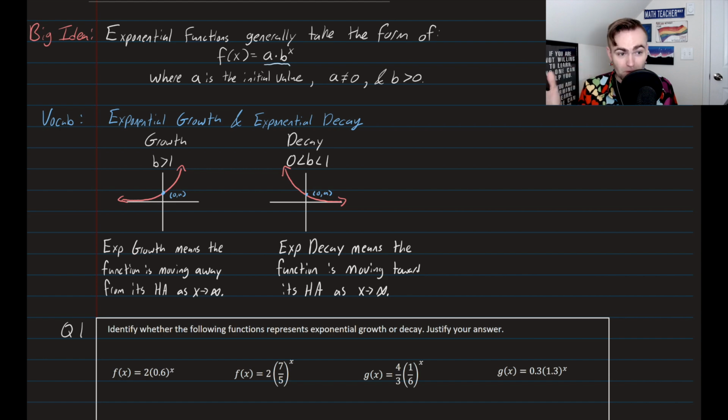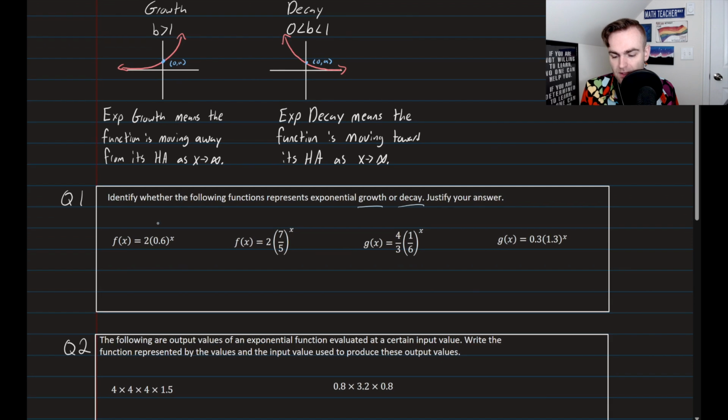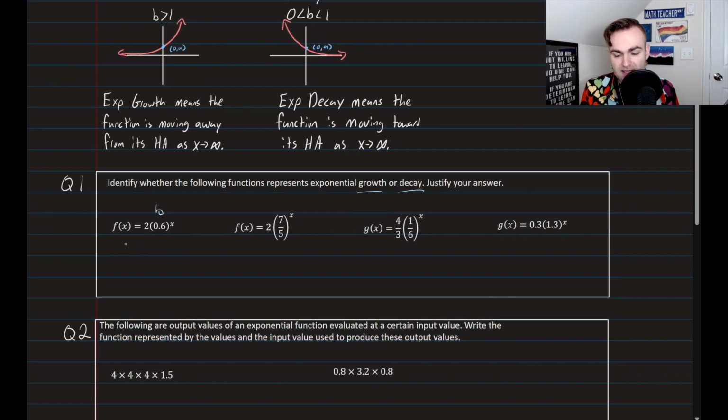With all that done, let's identify whether these functions are exponential growth or decay, and then justify why. If we're just looking at growth versus decay, we're going to look at that b value. Right here, the b is 0.6. That is ugly.